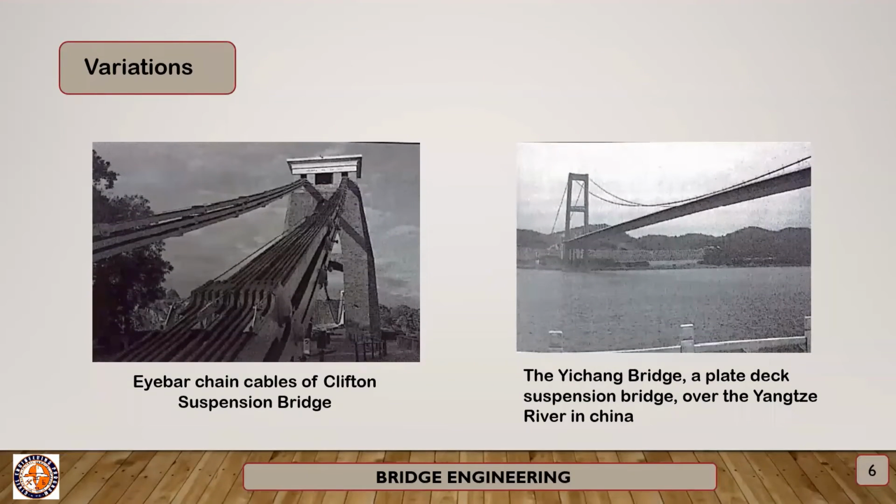Next are the variations. This variation is the underspan. On the left side is the figure of the I-bar chain cables of Clifton Suspension Bridge. Next is the Yichang Bridge, a plate deck suspension bridge over the Yangtze River in China.